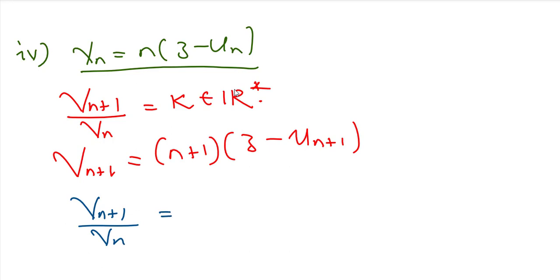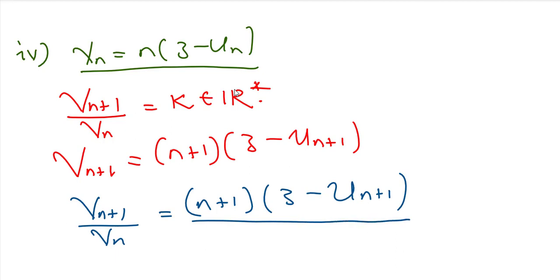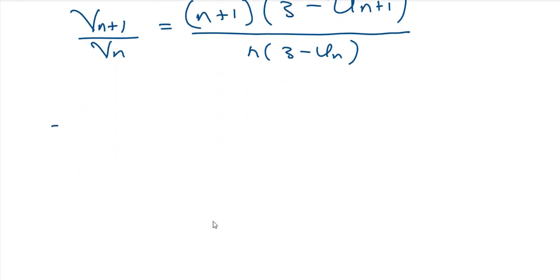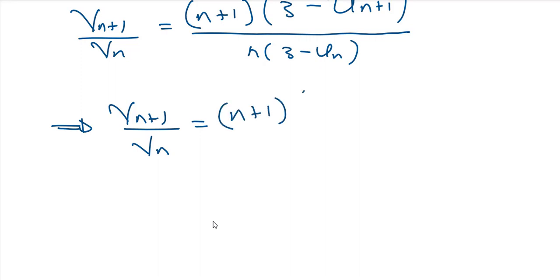So this will be equal to, our Vn plus 1 is n plus 1 all of this times 3 minus un plus 1, all of this divided by Vn, which is n into 3 minus un.